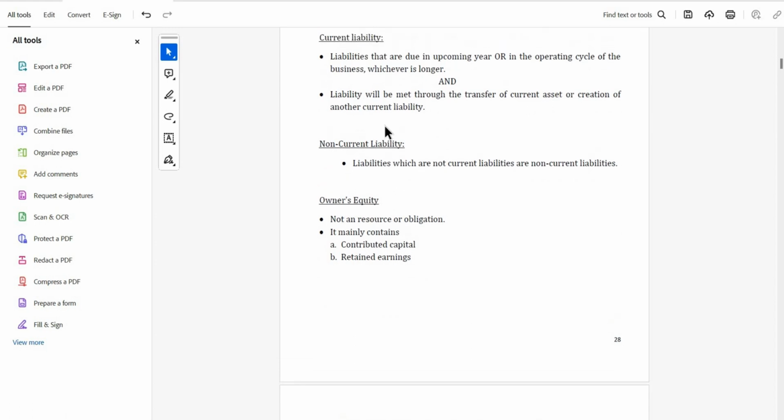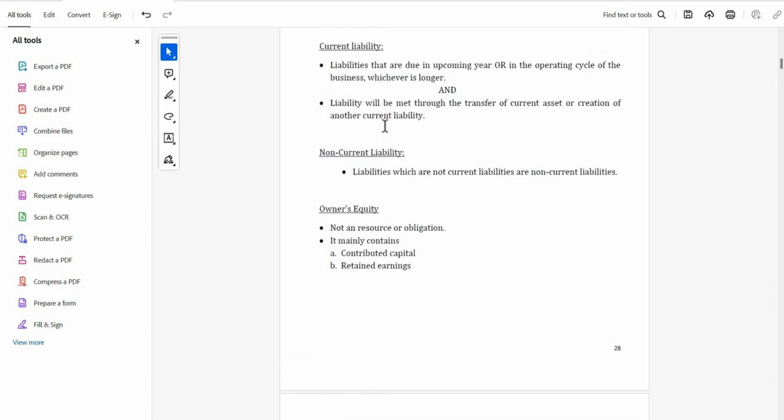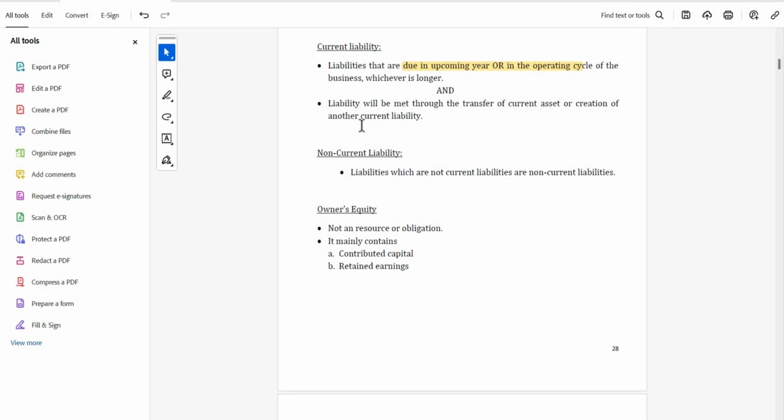Current liability is also the same as current asset. Liabilities that are due in the upcoming year or in the operating cycle are current liabilities. Upcoming year means within 1 year, and the liability will be settled through the transfer of current asset or creation of another current liability.